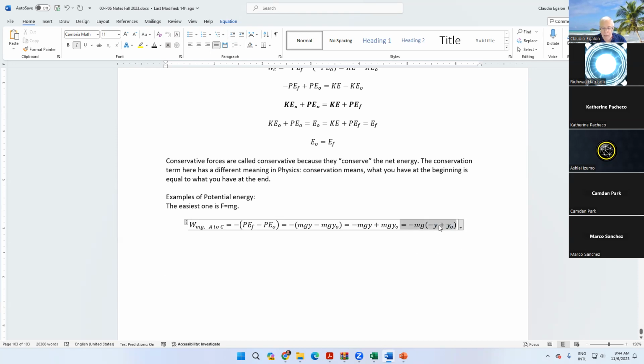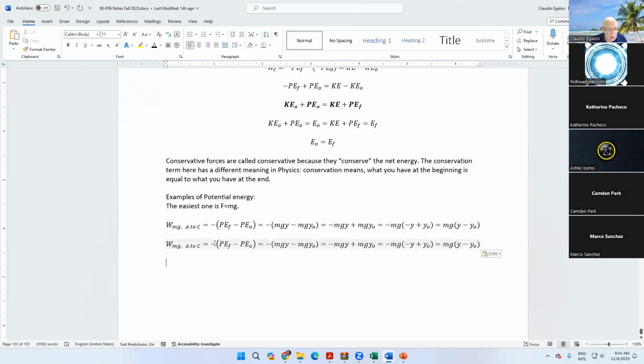And then the minus sign is going to cancel. And that's what we get for mg. The change in potential energy is going to be mg delta y.